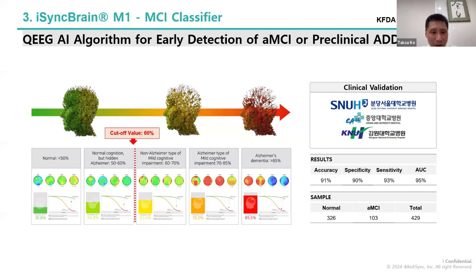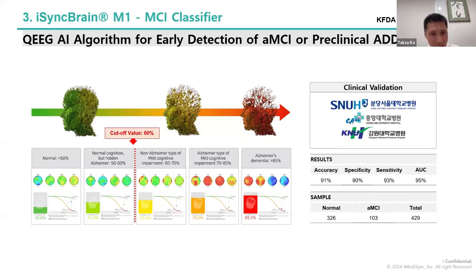You mean, instead of a cutoff value, you can diagnose on the basis of that 60% above?